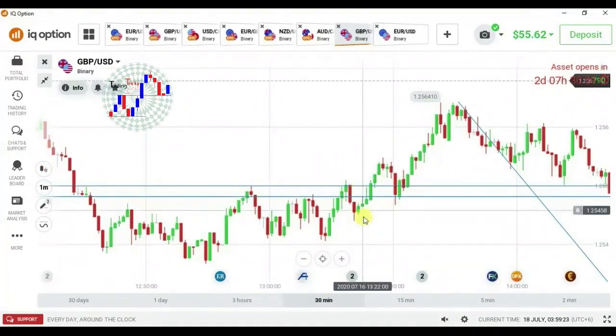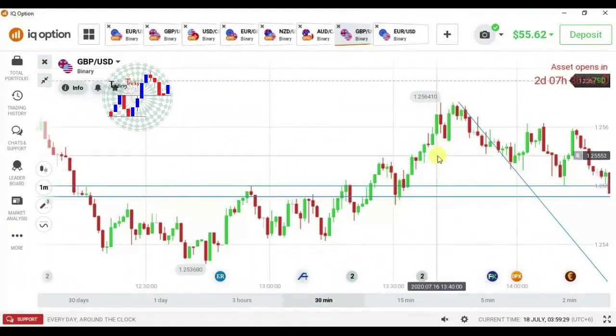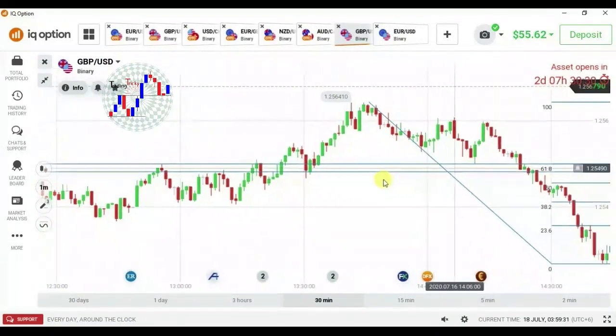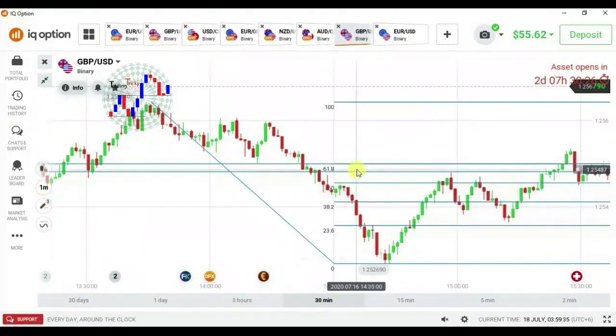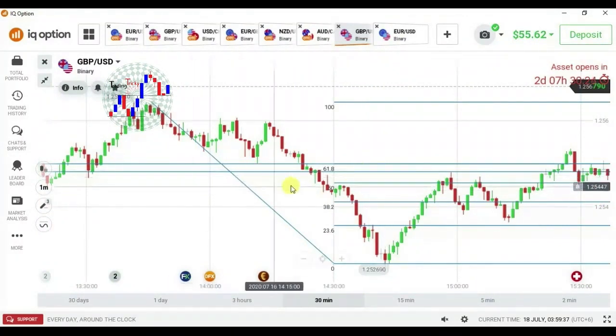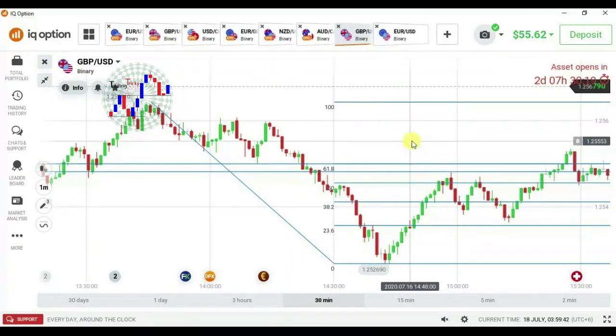It didn't cross the sellers' entry, and this is a breakout. Finally here you can see it got support and buyers' entry. It means this is a strong level. Okay, so now we can expect price action on the 68 number.